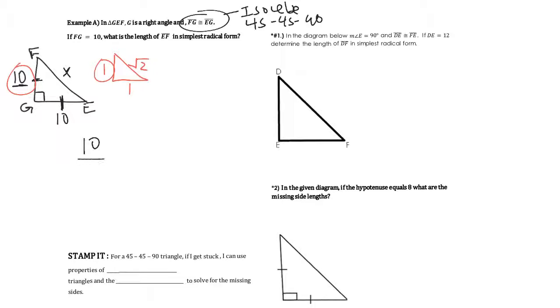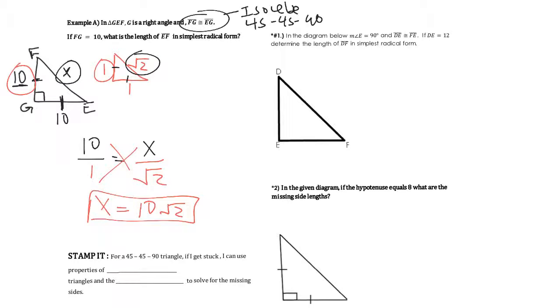So 10 over 1, because they're similar triangles. They're both isosceles rights. 10 over 1 equals x over radical 2. Then I could just cross multiply and solve. So x equals 10 radical 2.